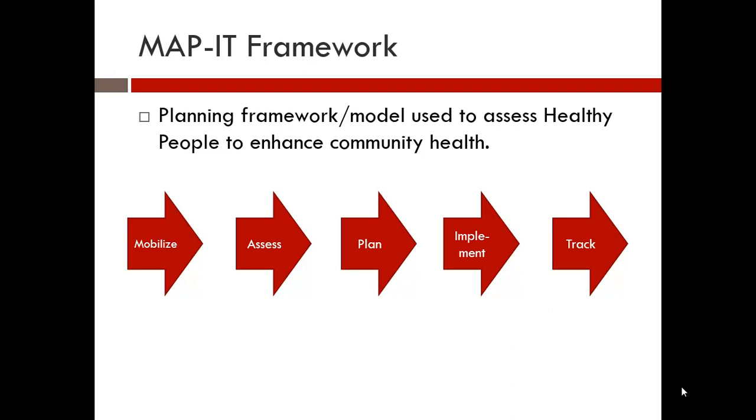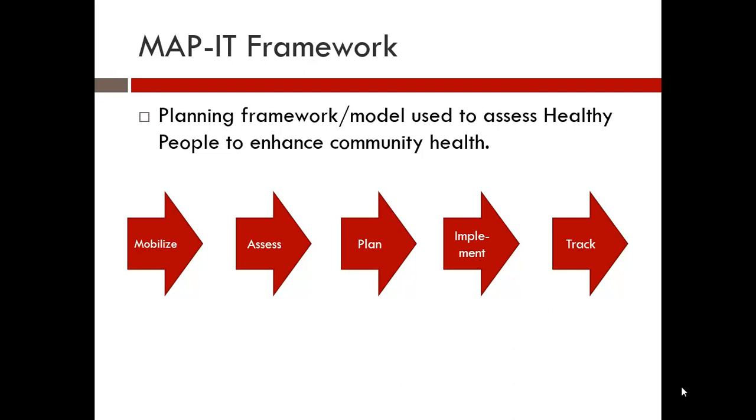So MAP-IT, the MAP-IT framework, it's used to assess healthy people to enhance community. So again, it was really developed for healthy people, like Healthy People 2000, 2010, 2020. And it really was used to enhance community health. And it first starts off, again, you see these 5 arrows. It first starts off, the arrow on the left-hand side, with mobilize, right? So mobilizing the community, mobilizing resources, but it starts off with mobilize.